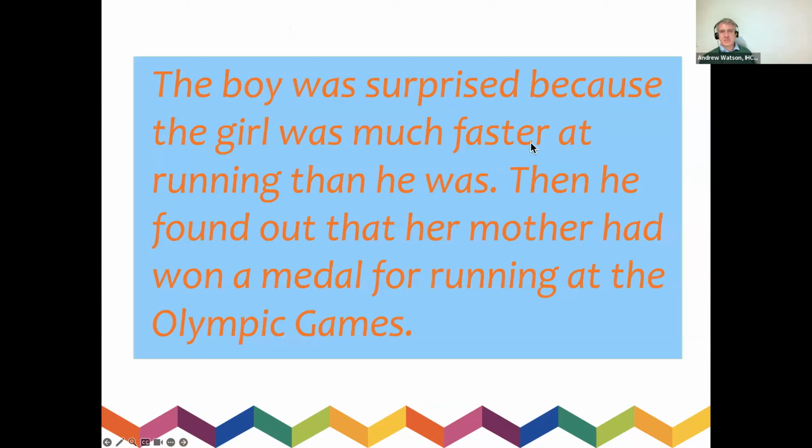All right, so let's look at the second sentence. Then he found out that her mother had won a medal for running at the Olympic Games. All right, so then it starts to make coherent sense.